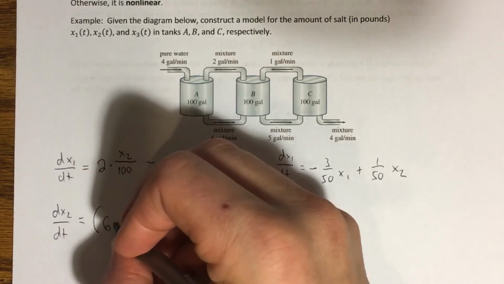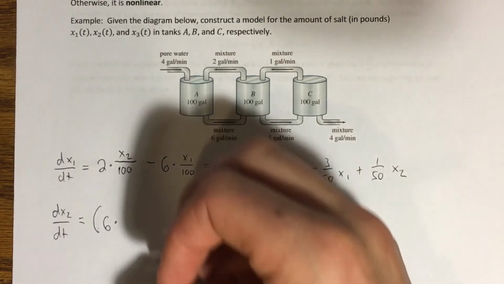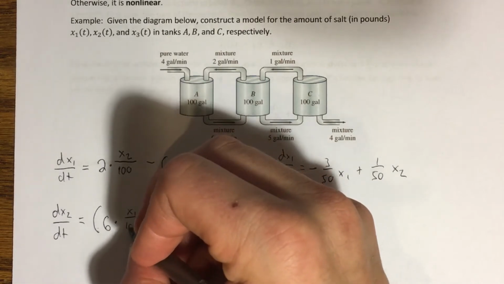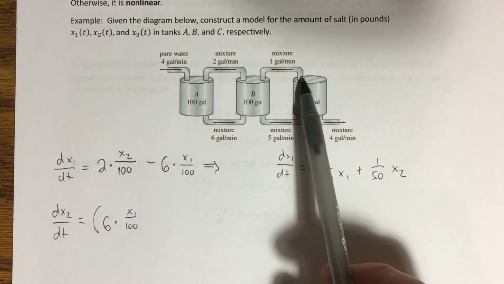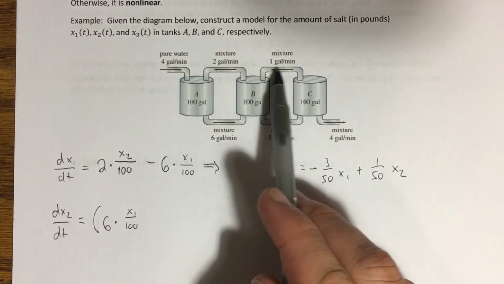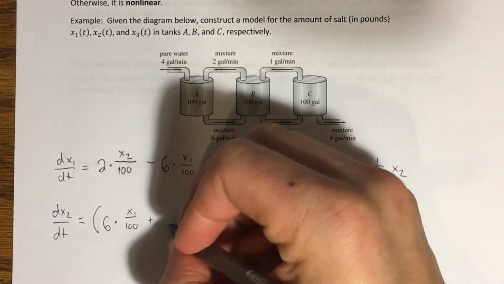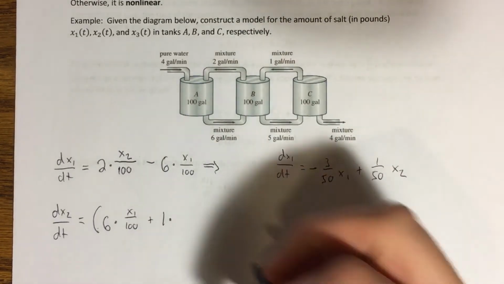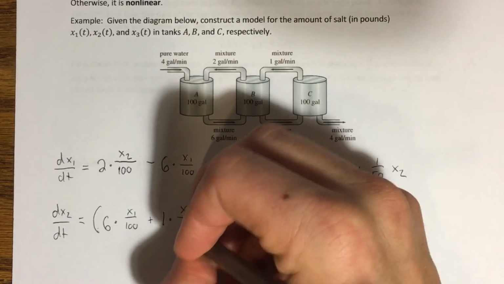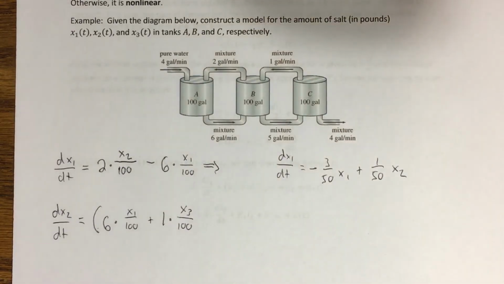We have 6 times x1 over 100, but we're also getting salt from this tank here flowing in, at a rate of 1 gallon per minute times the concentration of salt in tank C, which, following the same logic as before, would be x3 over 100.